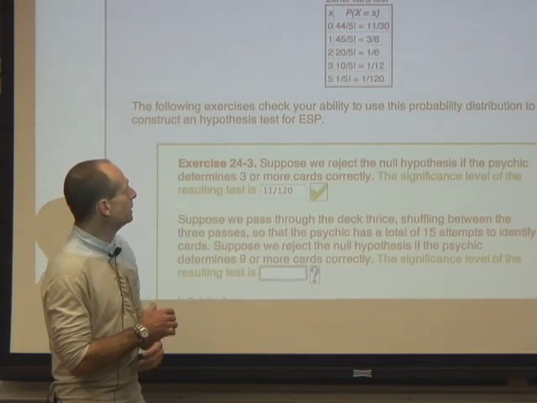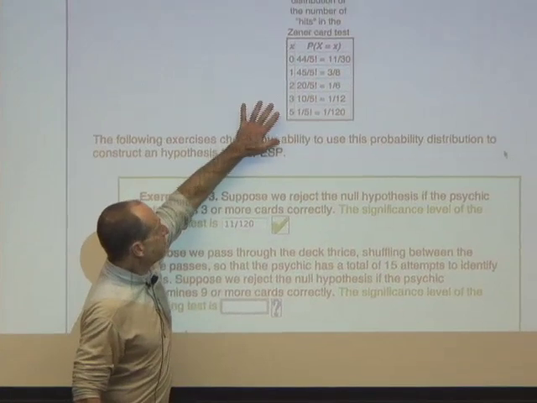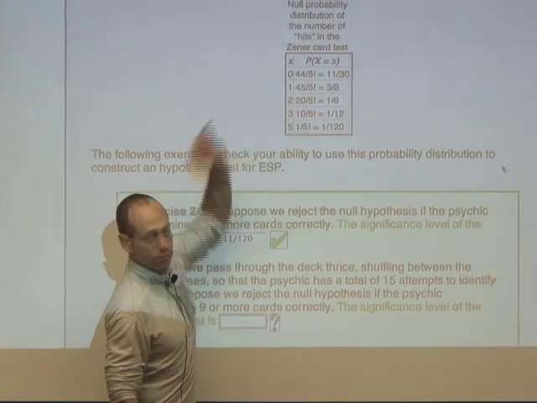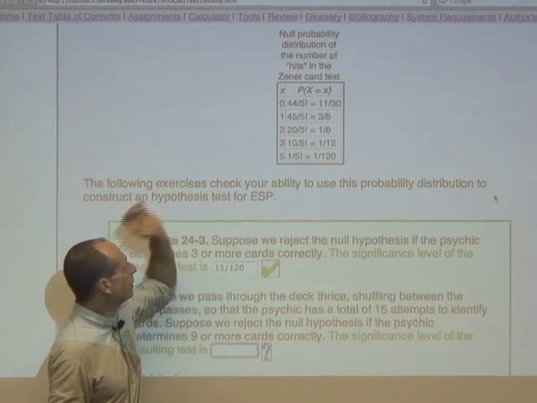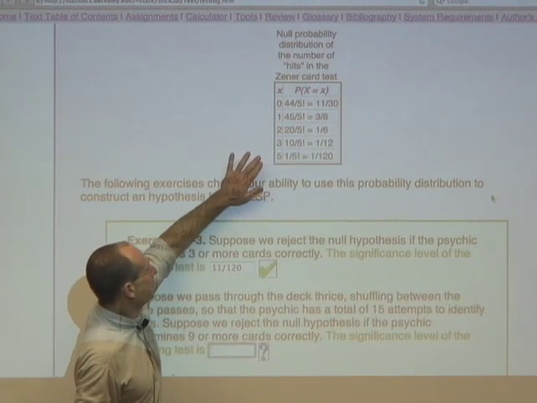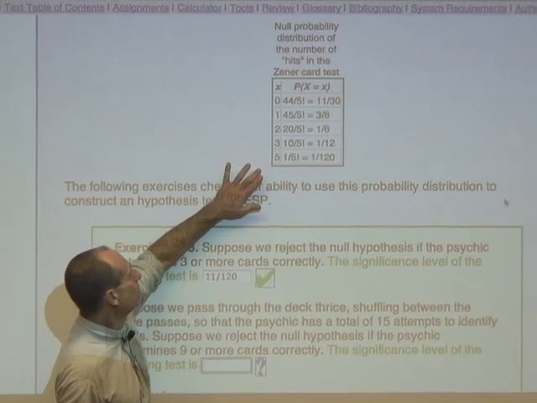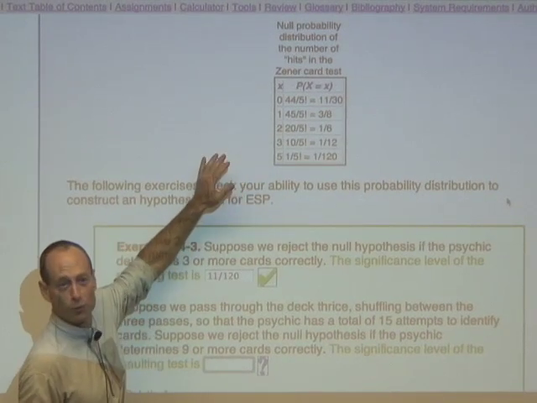So one way that she could get 9 or more would be to get 5 on the first pass, 3 on the second pass, and 1 on the third pass. Or she could get 5, 5, and 5, which would be 9 or more as well. Or instead of 5, 3, and 1, she could get 1, 3, and 5, the same numbers in a different order.